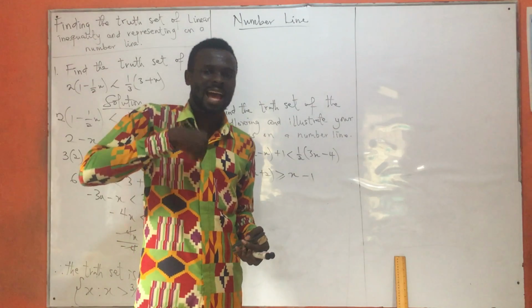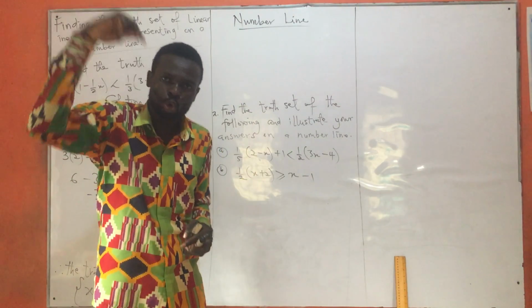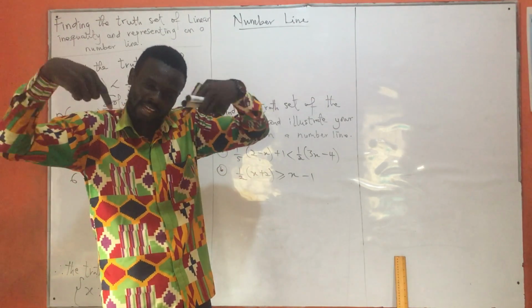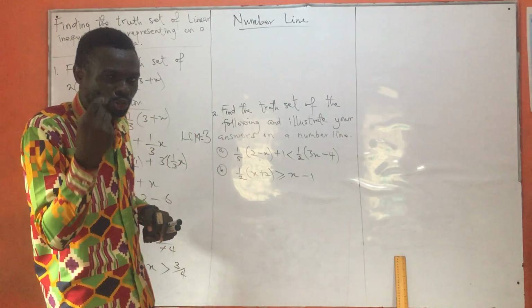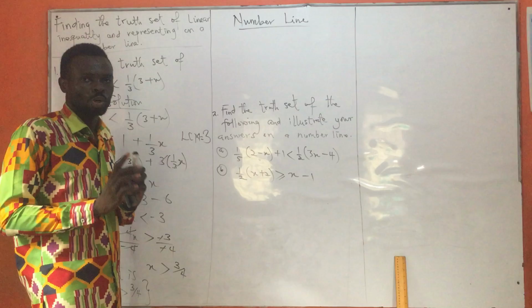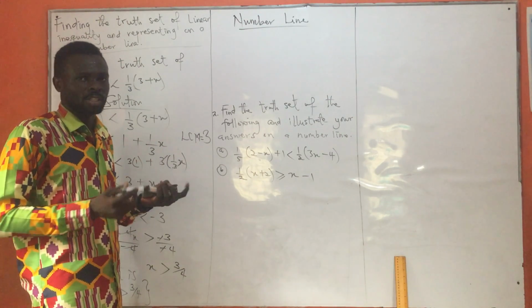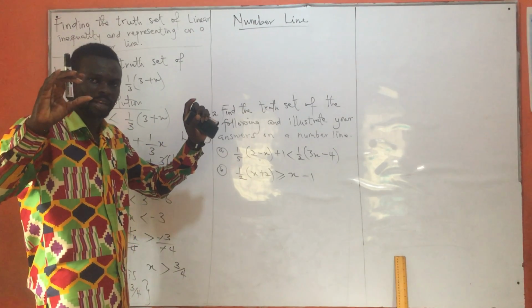Based on our answer, we will determine the numbers to give to the line that we have drawn. Now, before we can even look at the drawing of the number line, we should know certain things. Number one, we take into consideration the sign you have in an inequality expression.